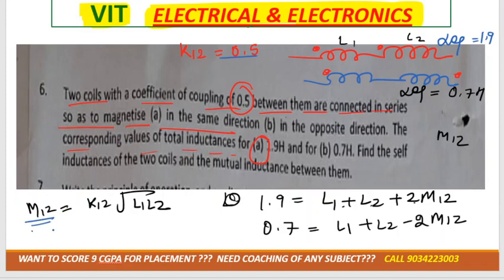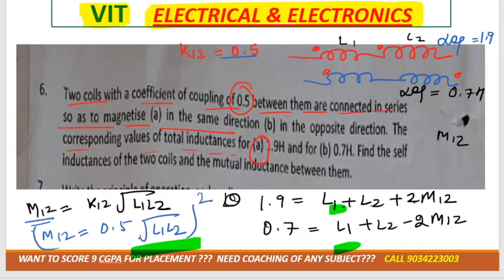Now they said coefficient of coupling, M12 we don't have, K is 0.5, root of L1 L2, correct? So basically 3 variables, 3 equations, the 3 variables are L1, L2, M12. So what you can do, square this whole term, so you will get L1 L2 in terms of M12, right? So you can substitute it here. The solving will have a bit of a problem, try it once and see.